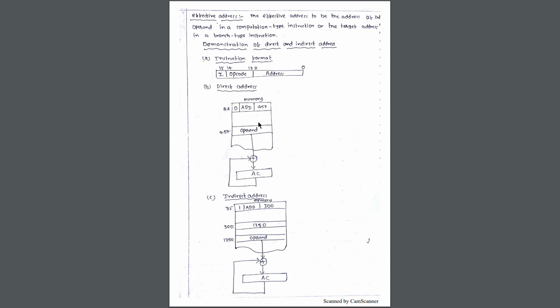This is direct memory. Whereas in indirect memory, here at the 35th location we are adding 1, add 300, and this is the address of 1350.